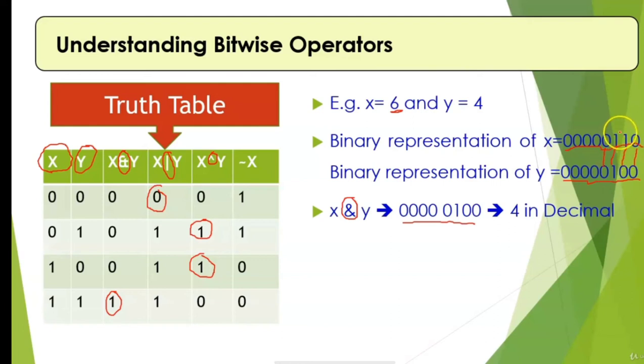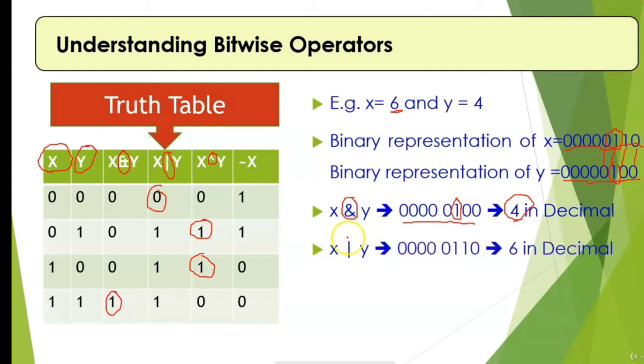So you can note that the last third bit in X as well as in Y is 1. So that's why in the final result, the last third bit is 1 and all the rest of the bits are 0, and this is equivalent to 4 in decimal. So the output of this operation will be 4 if we are displaying the output using %d, that is a decimal format specifier.